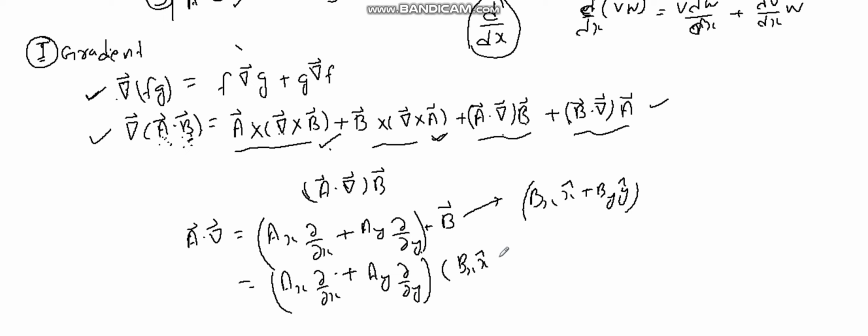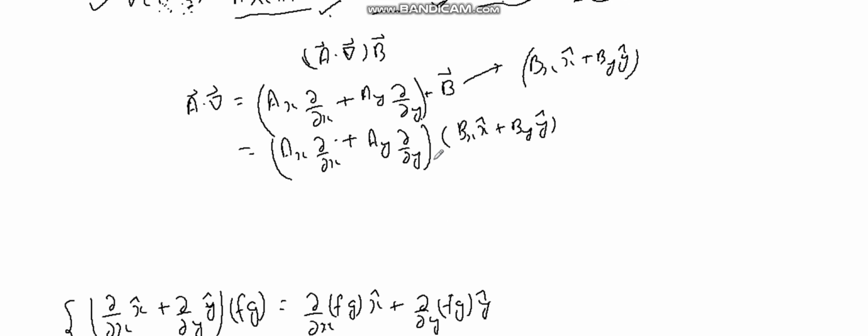This is not a dot product; one is a scalar quantity and the other is a vector quantity.